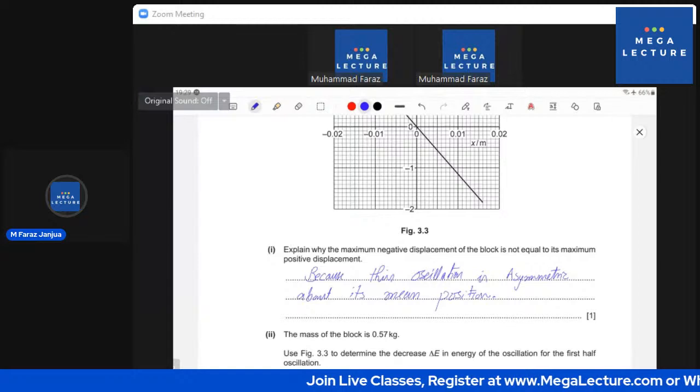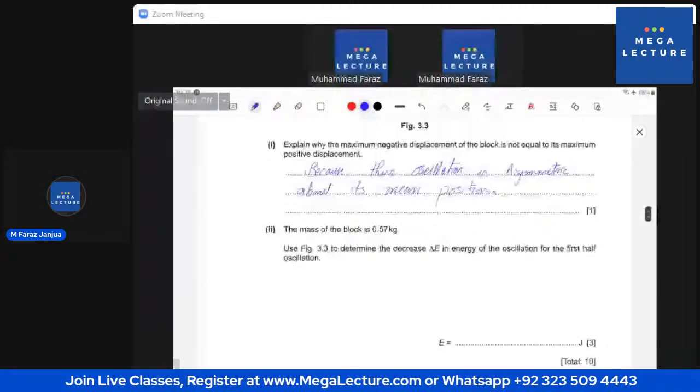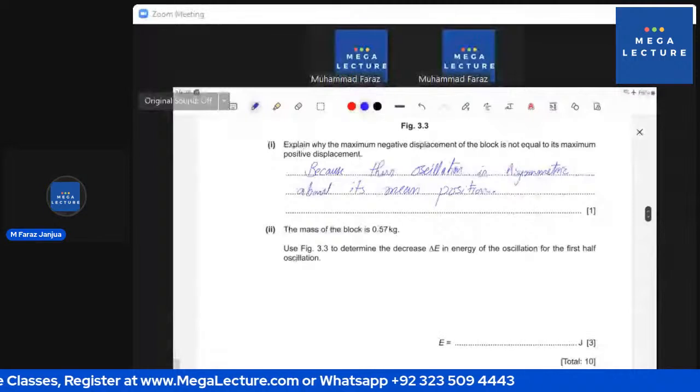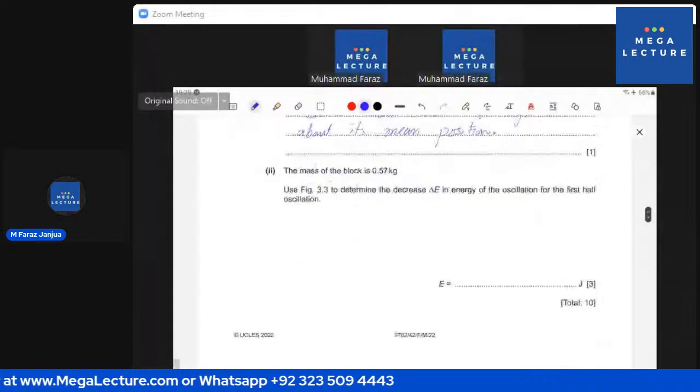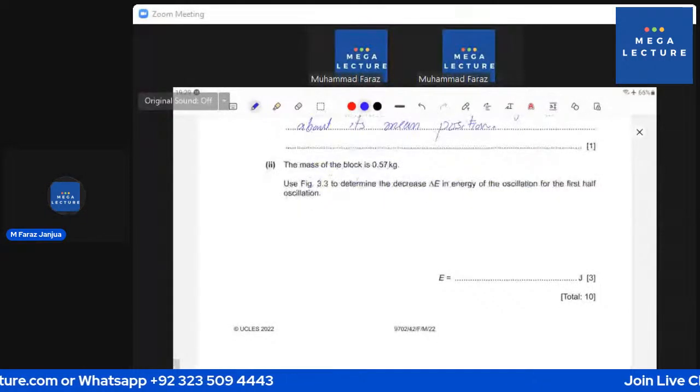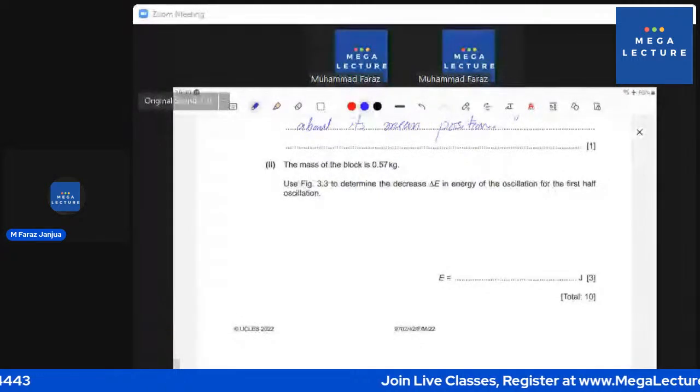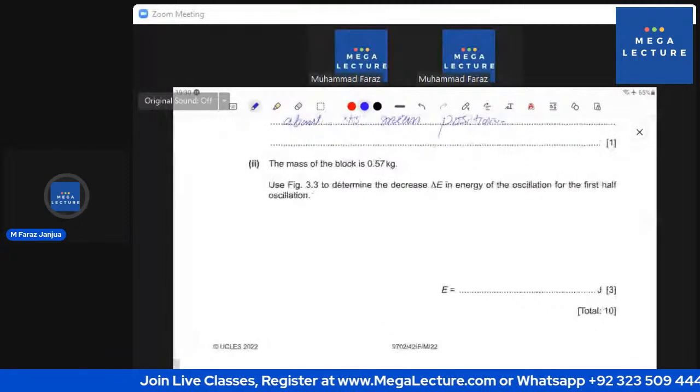The mass of the block is 0.57 kg. Figure 3.3 determines the decrease of energy of the oscillation of the first half. Listen, what is the formula for energy?